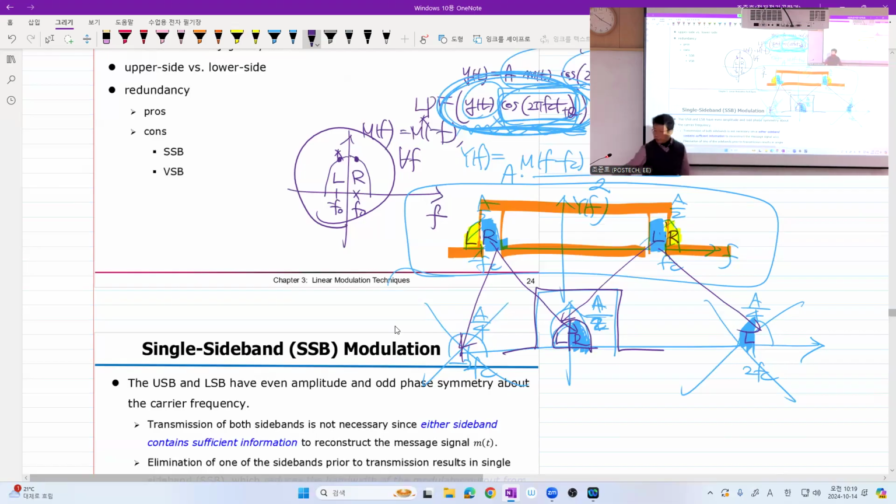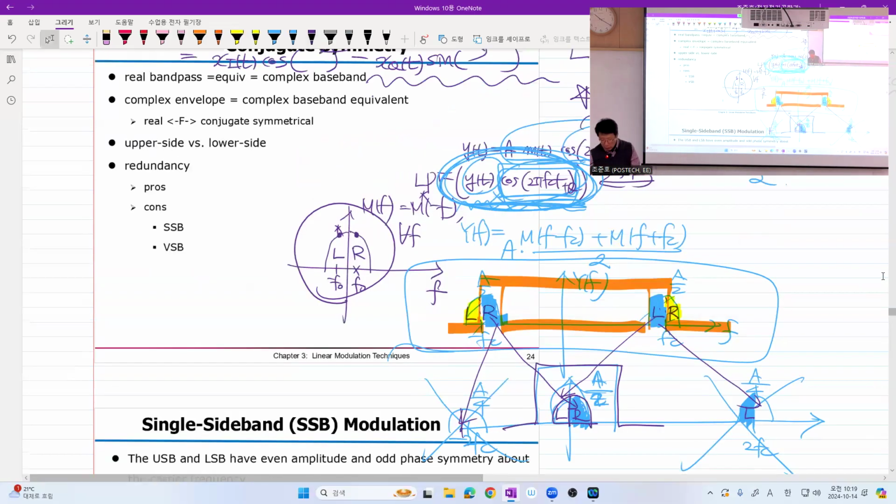So here in the original DSB, this was the passband bandwidth, possibly purchased from the government. You know that SKT, KT, and LGU plus had to compete in the auction opened by the Korean government when they wanted to provide 4G and 5G services.